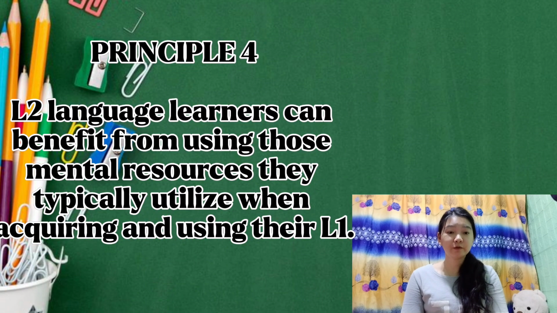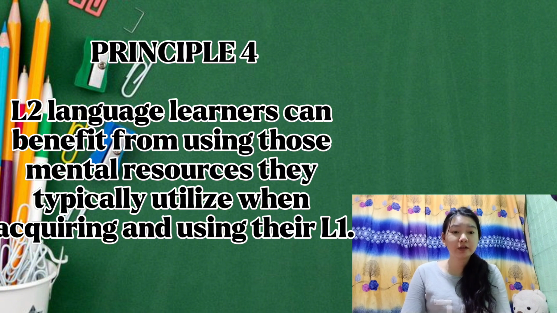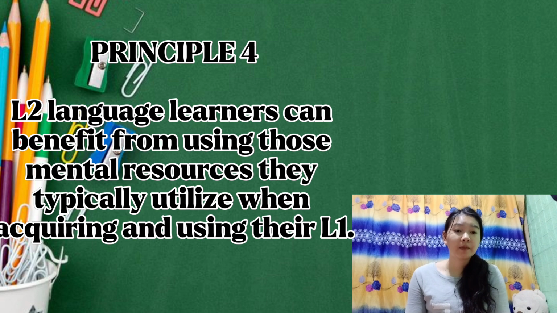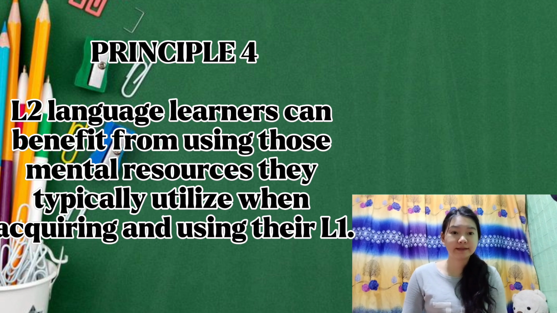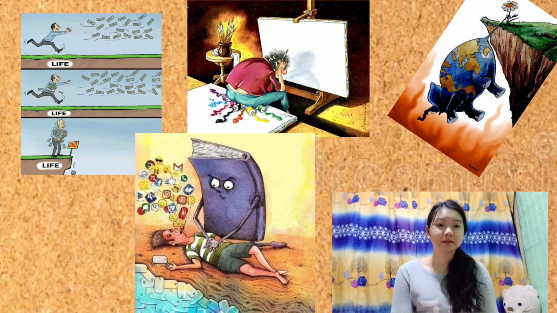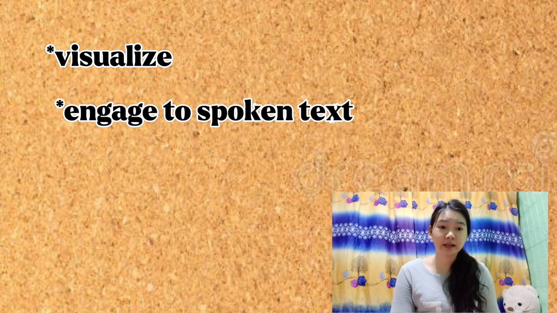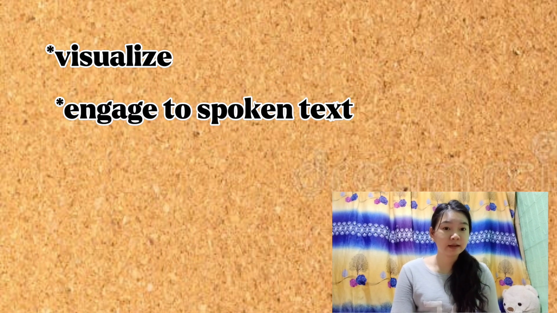So in principle 4, the teacher should make use of an activity that encourages the learners to visualize and reflect on their mental activity during a task. The teachers could use illustrations as materials in order for the learners to visualize their answers and engage in a spoken text.